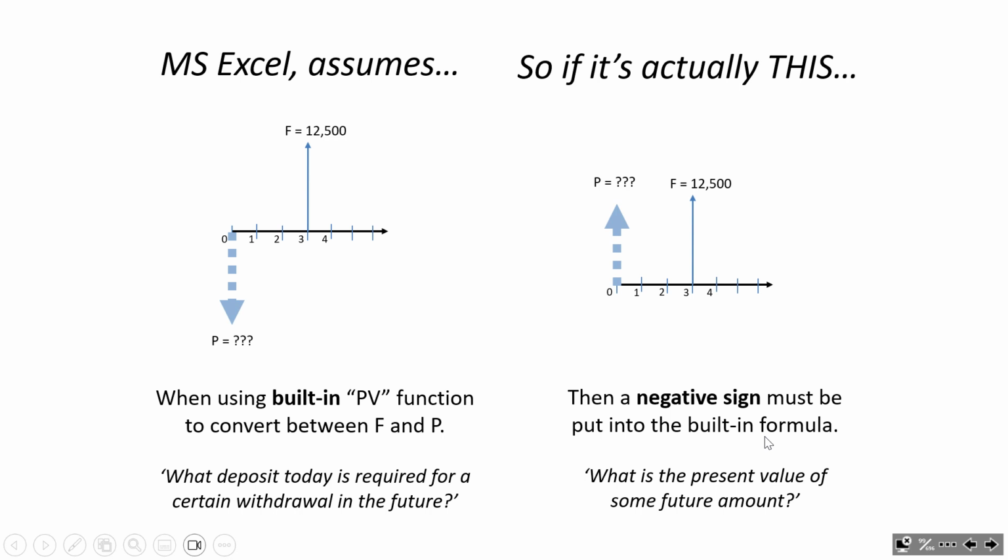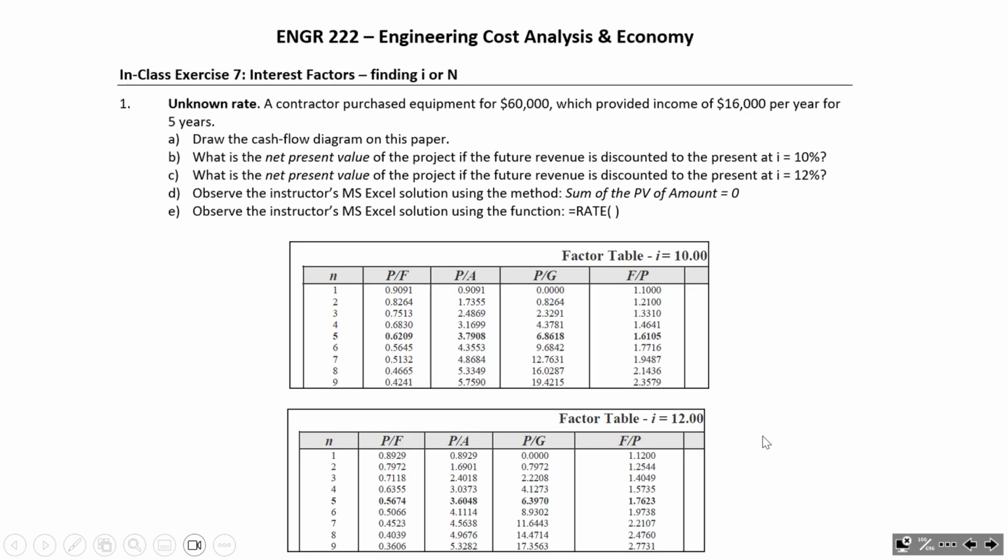Because by default, it's going to change the sign. It's going to change the sign because it thinks you need to make a deposit today to be able to do a withdrawal in the future. So it's no big deal. It's just something we have to keep in mind, that it's automatically going to change the sign anytime we do those calculations. So we just have to account for that.